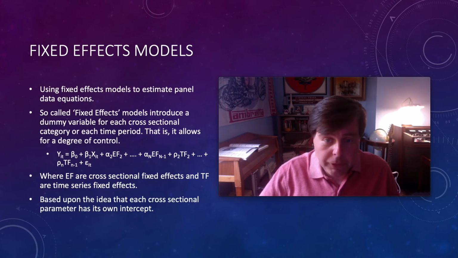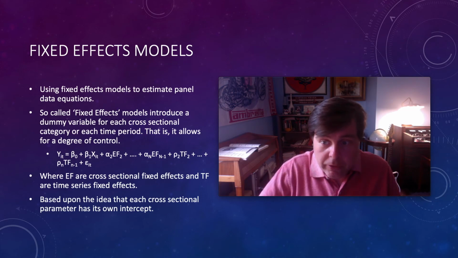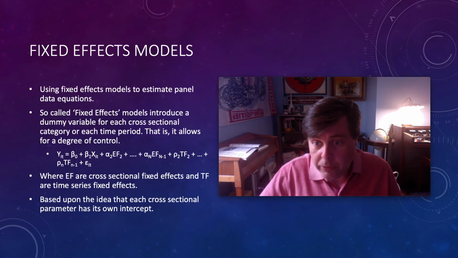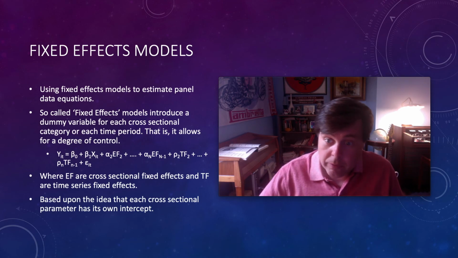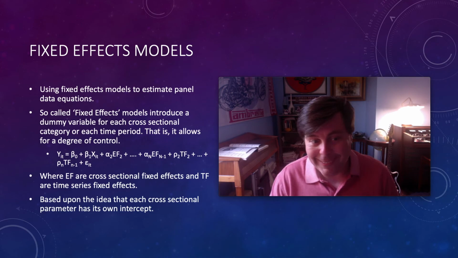If you're thinking, geez, it seems like we're creating a lot of variables here, isn't this eating into our degrees of freedom? Yeah, absolutely, right? So there's a cost and a benefit associated with the employment of these fixed effects, whether they be cross-sectional or time series, in that you are eating up degrees of freedom, potentially a lot of degrees of freedom. So 50 states, right? You're losing 50, or 49. Okay.